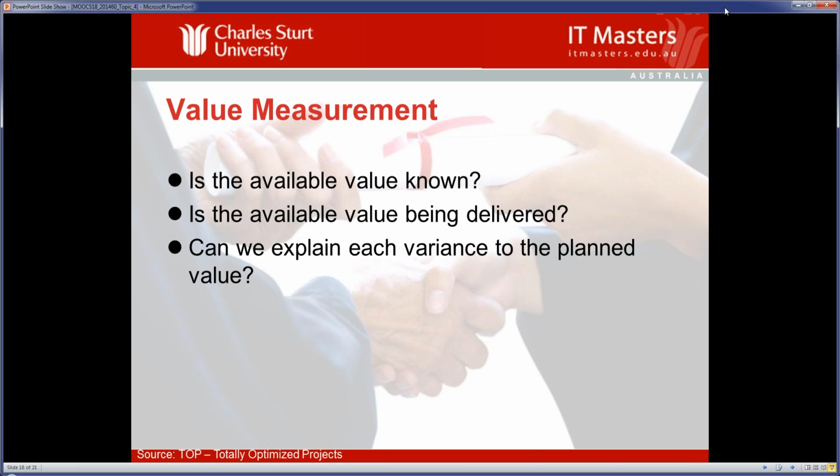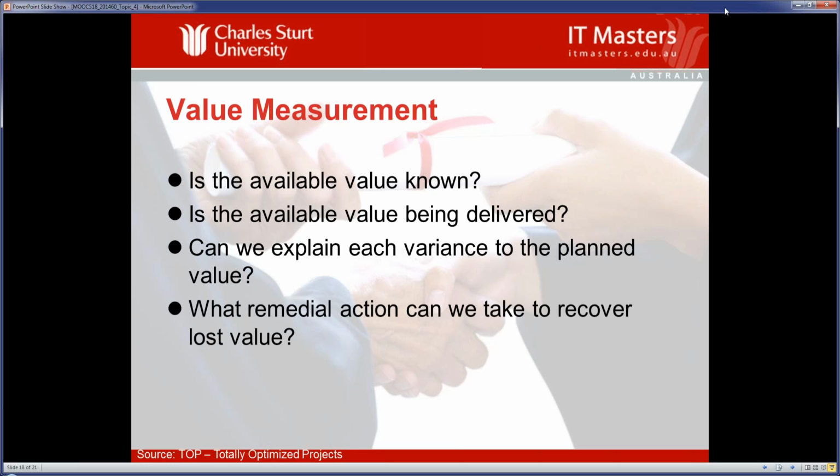Now there will be some variances. So from a governance perspective, can we explain why? Is it because of the fluctuating dollar? Is it because our workforce has just dropped by 10%? Is it because we've taken on a new company and our workforce has increased? So these are some of the variables that would be linked to the value of a program that you're working on.